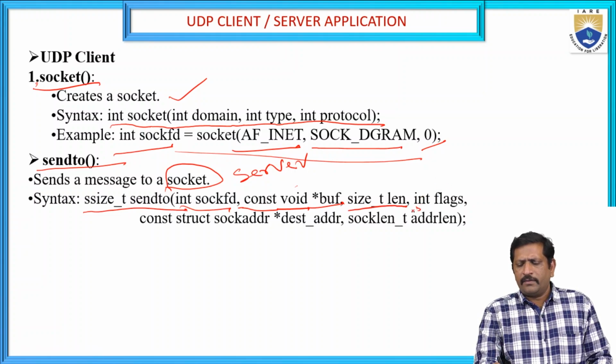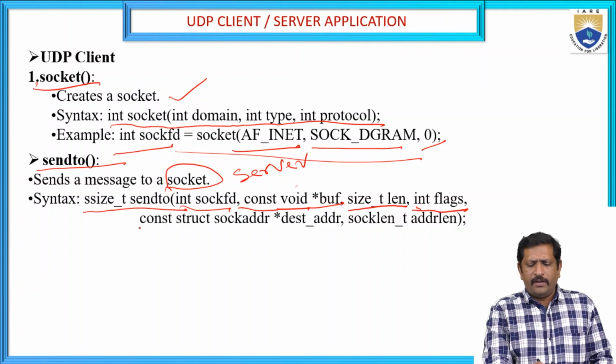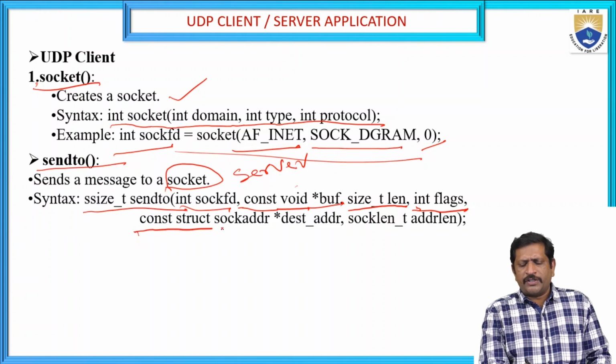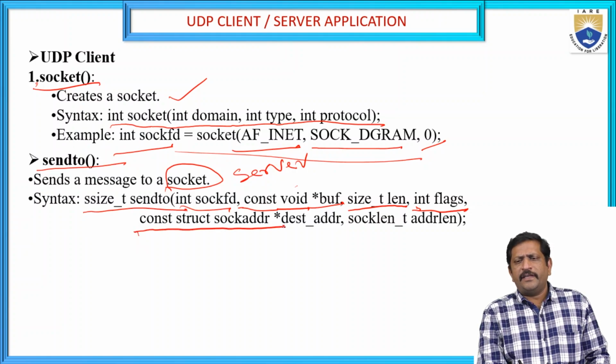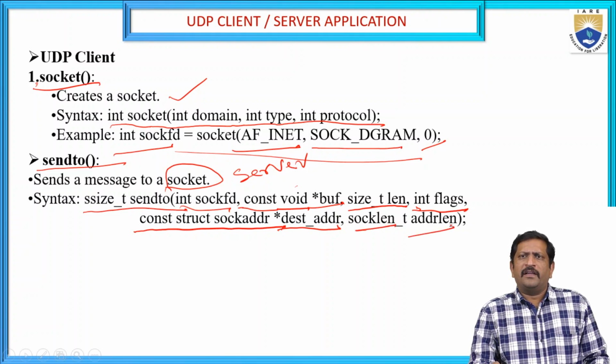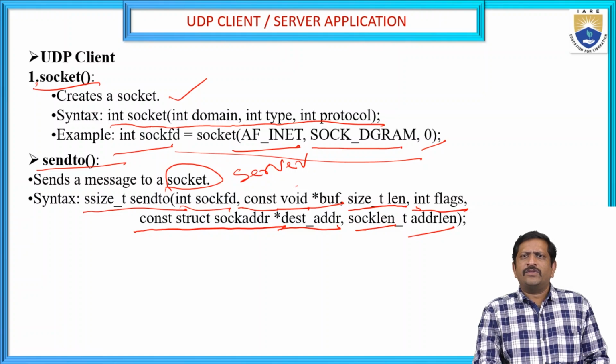The sockaddr is a structure type which points to the destination address, and the socklen_t specifies the address length of the socket.